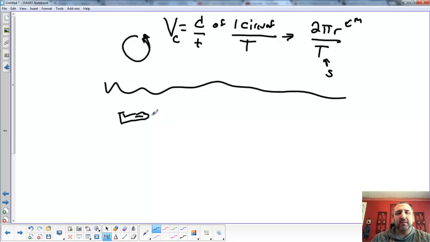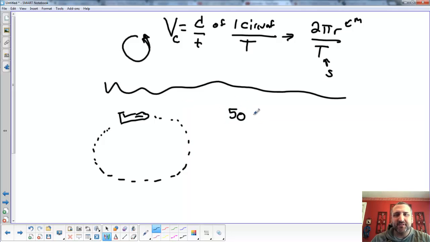Let's say that airplane goes around a nice horizontal loop, not a vertical loop, and that airplane takes about 50 seconds to get around that loop.